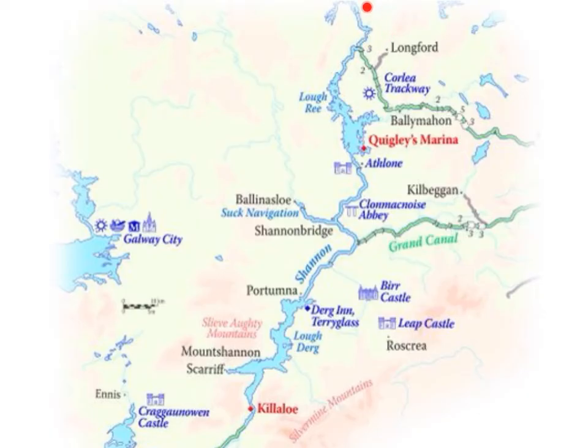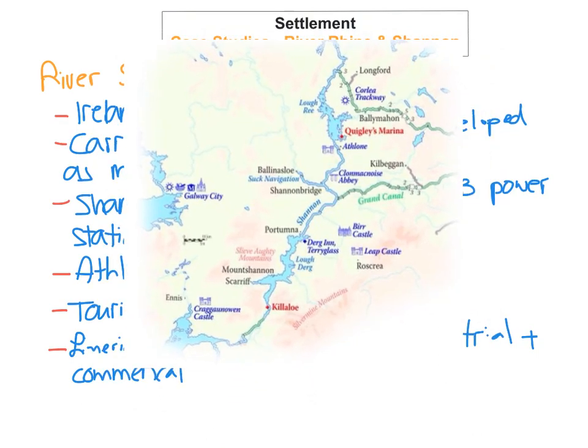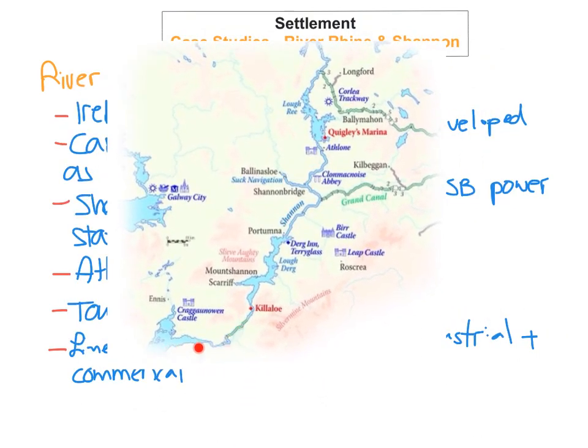As you can see, this is the route that the River Shannon takes. The source can be found up in County Cavan, and then the mouth is all the way down here, at Limerick. So the source is up in County Cavan, and it goes all the way through Ireland and finishes at Limerick.